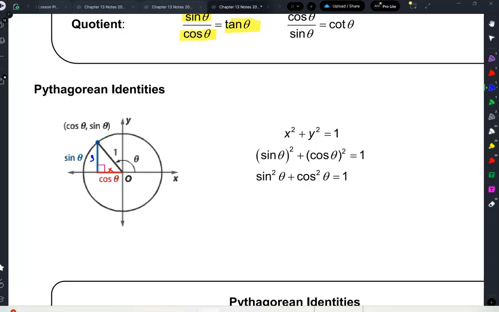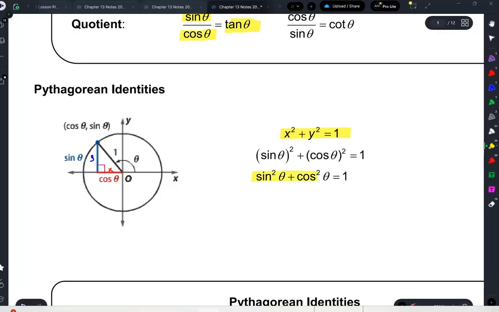If I do x squared plus y squared, that's the vertical squared plus the horizontal squared. So that is sine of theta squared plus cosine of theta squared. Now, another way to write this, because we really don't need parentheses, is sine squared theta plus cosine squared theta is equal to 1. So this is the Pythagorean theorem.